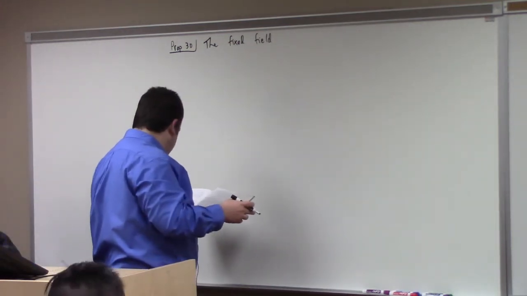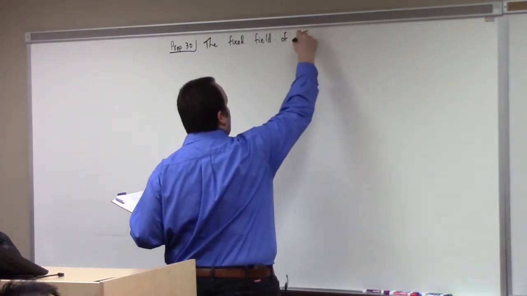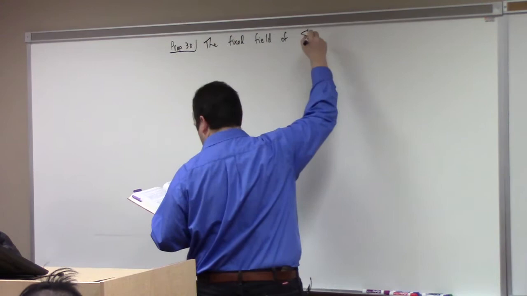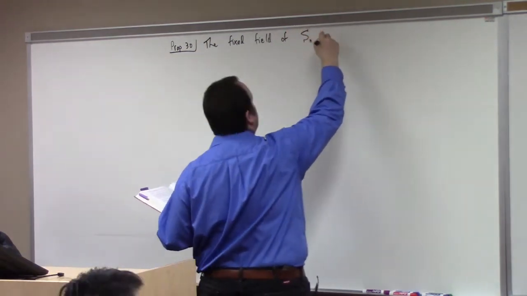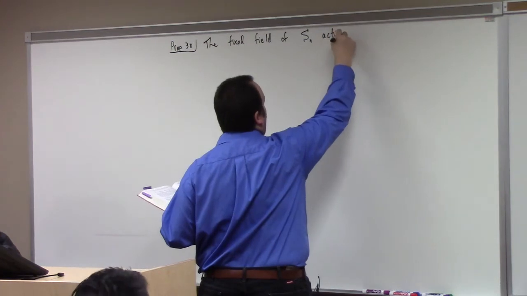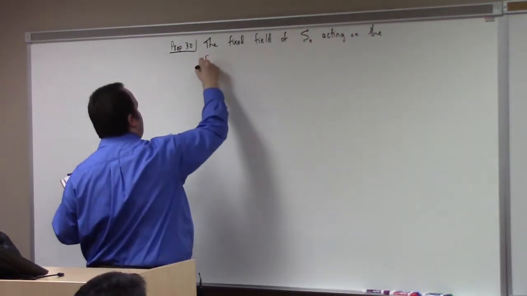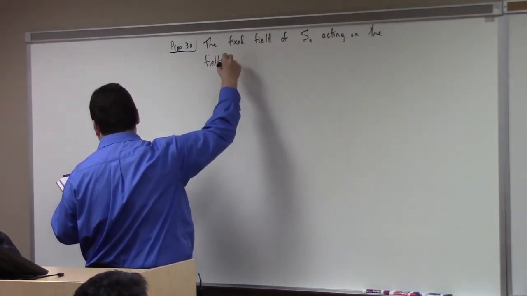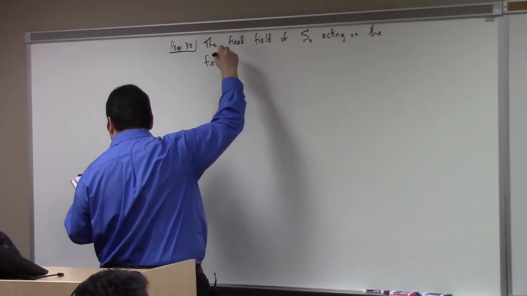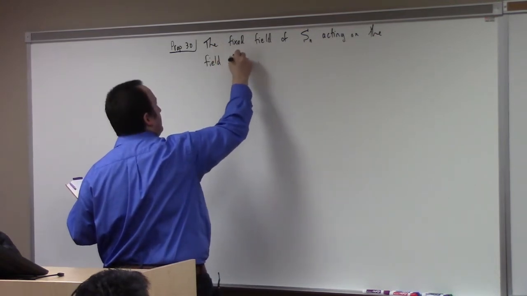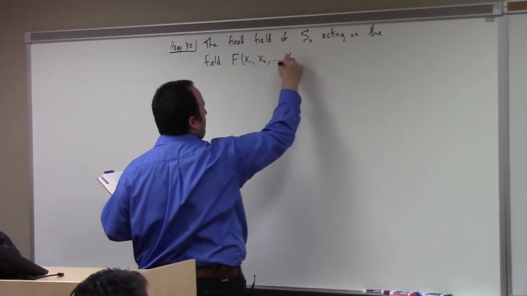So the fixed field of the symmetric group acting on the field. And this is probably something I don't emphasize enough, but the field of rational functions in x1 through xn.